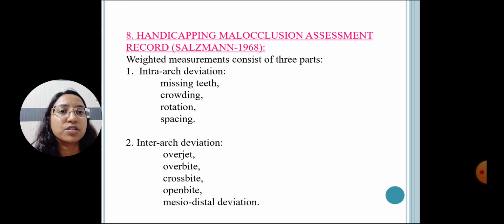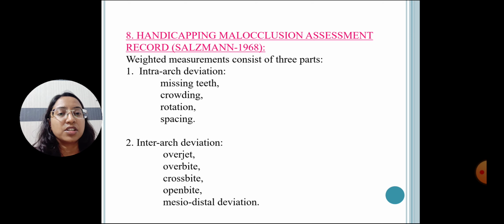The next index by Salzman, handicapping malocclusion assessment record. So this consisted of measurements which were divided into three parts. The first was intra-arch deviation, that is within the arch. So here the missing teeth, crowding, rotation, and spacings were quantified.